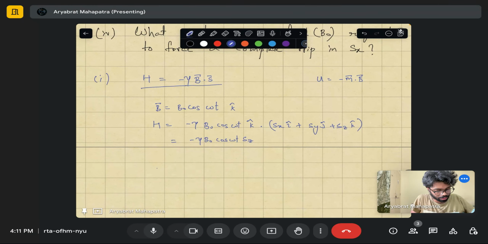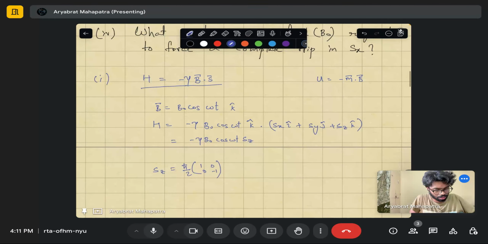For spin-half particles we can construct three matrices, Sx, Sy, and Sz, where Sz is given by h bar by 2 times the matrix 1 0 0 minus 1.